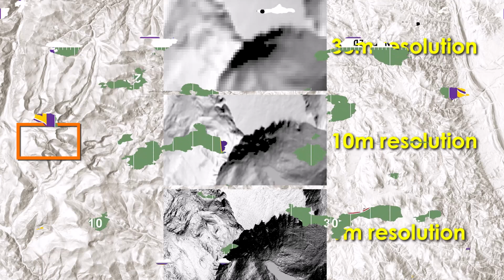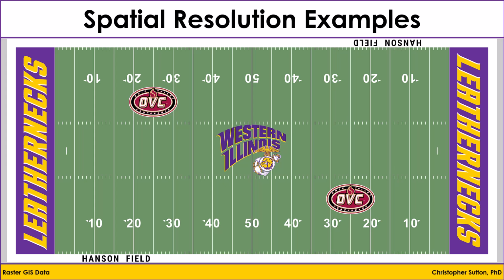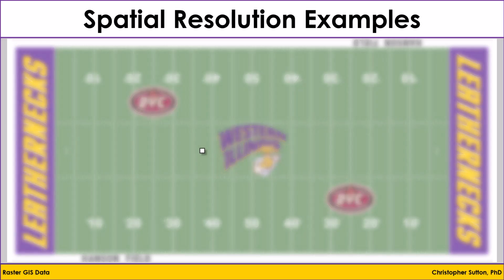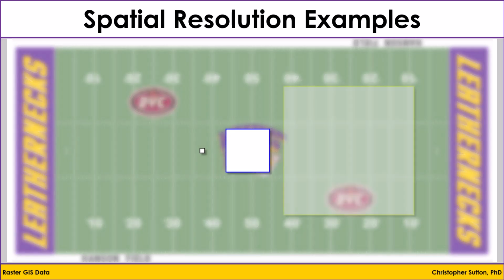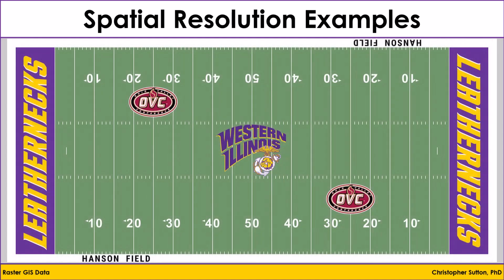Let's examine spatial resolution in a different context. Here we have a depiction of Hansen Field, which is the football field at Western Illinois University. Here are the sizes of 1 meter, 10 meter, and 30-meter resolution cells relative to the size of the football field. How many cells are needed to capture the entirety of Hansen Field in a raster layer?